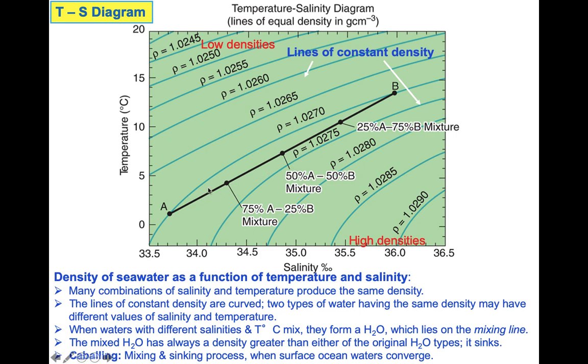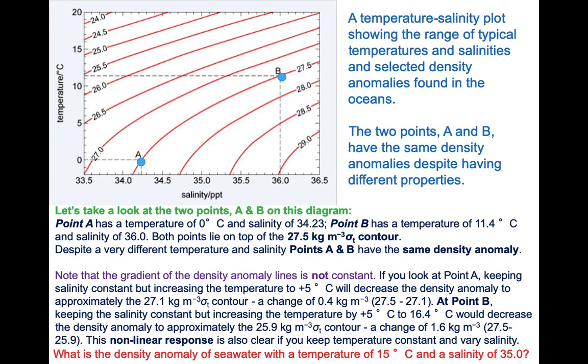We also have a term called coupling, and this is basically a mixing and sinking process when two different water masses, surface ocean waters, converge and mix. And when you mix two different water masses, the resulting water mass will always be denser and will sink, and that whole process is called coupling.